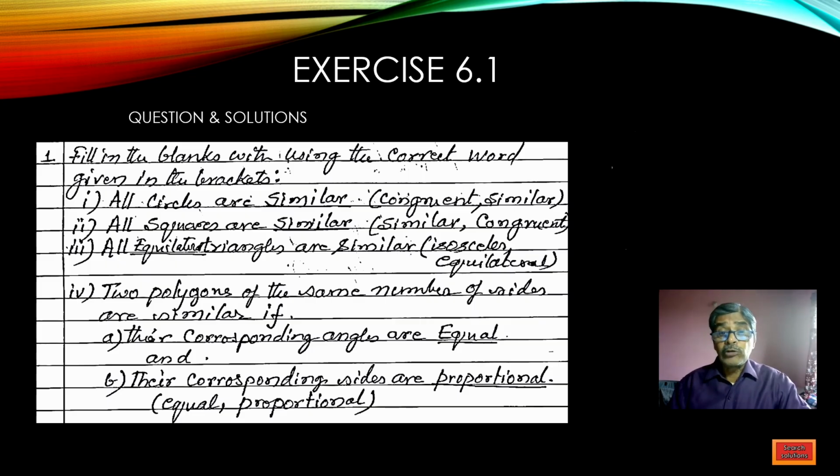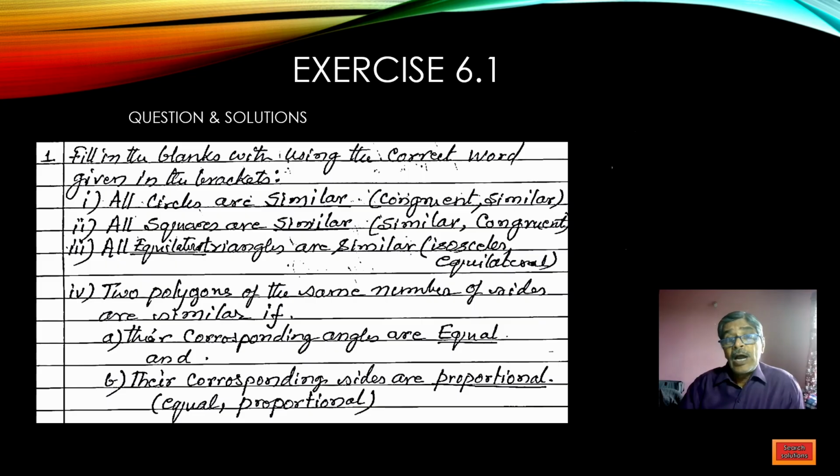So what is congruency? Congruency is the duplicate of the same object. Suppose I take a circle of 5 centimeter radius. If I draw one more circle of 5 centimeter radius, then both circles are congruent.